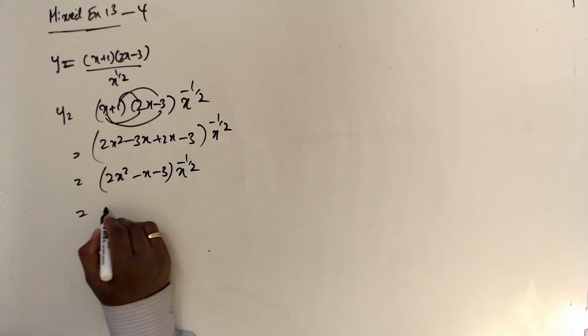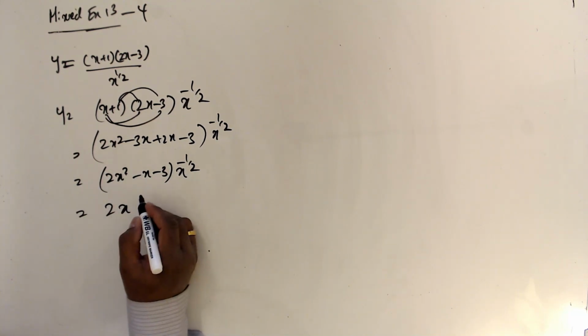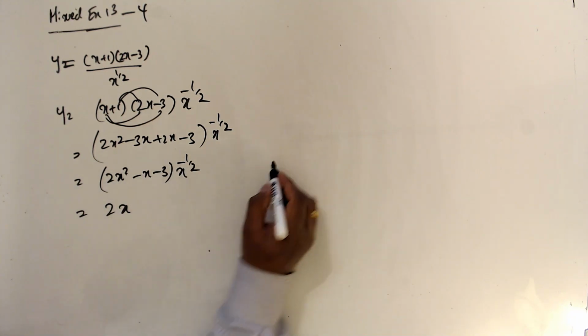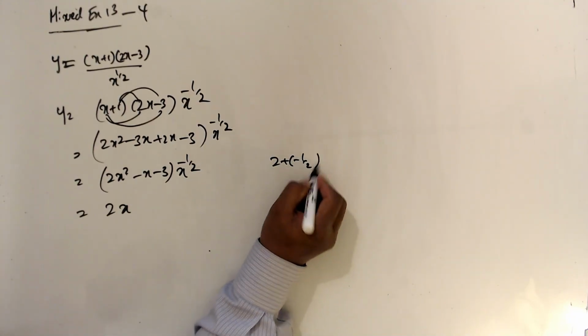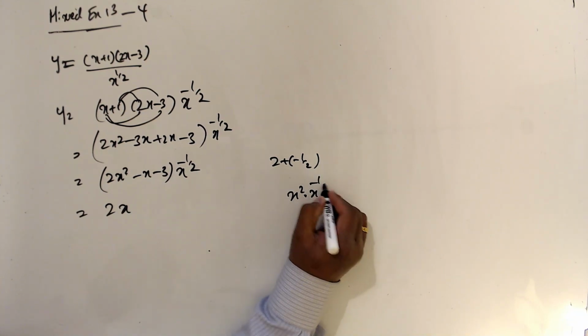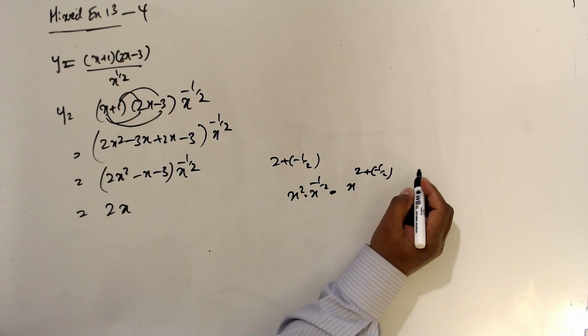So this is going to be 2x, 2 minus half is 3 over 2, 1.5. From 2, when you take half out, 2 plus minus half. So this is going to be x square times x minus half, which is x to the 2 plus minus half, 1.5.